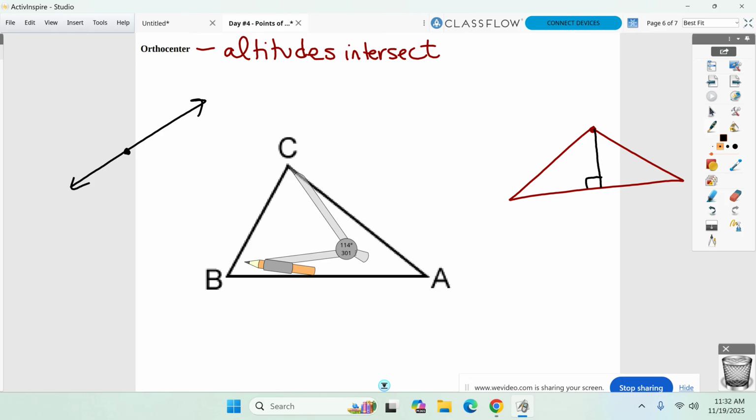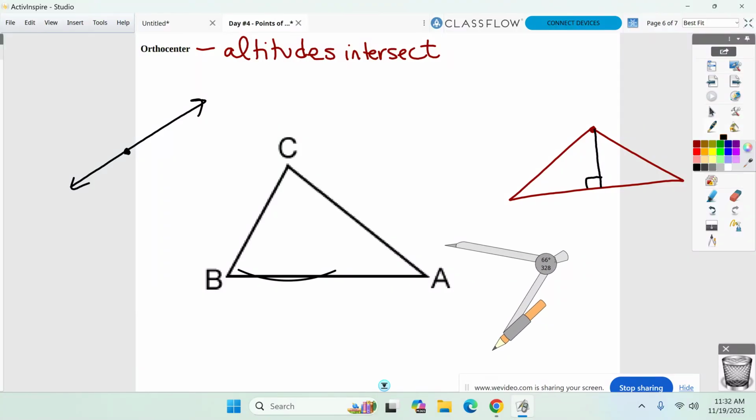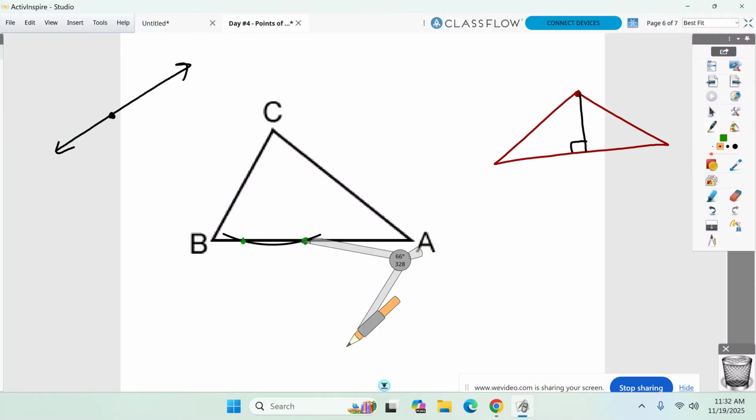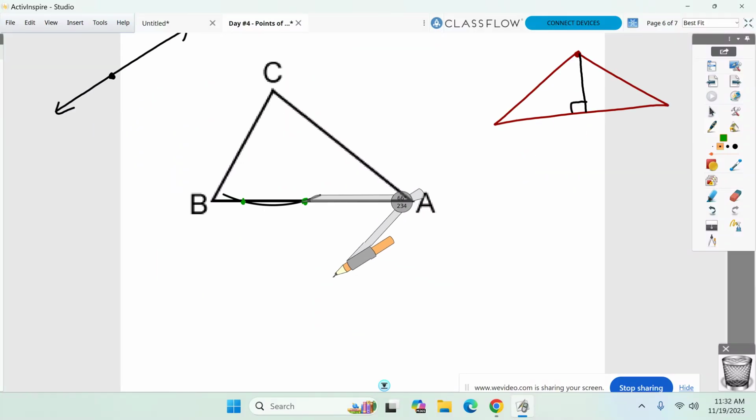You're going to have to play around with your compass here a little bit. I'm doing the same thing as the video is, except C's not on the line, but the same steps. Okay, we got points there. And now notice what's happening in the video. After you get the 2 points of intersection, you place your compass on each point and make two more arcs that intersect each other.